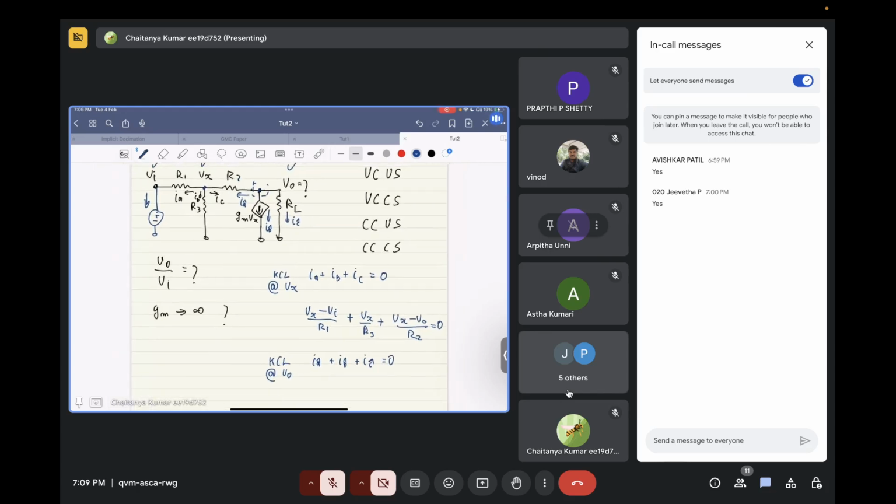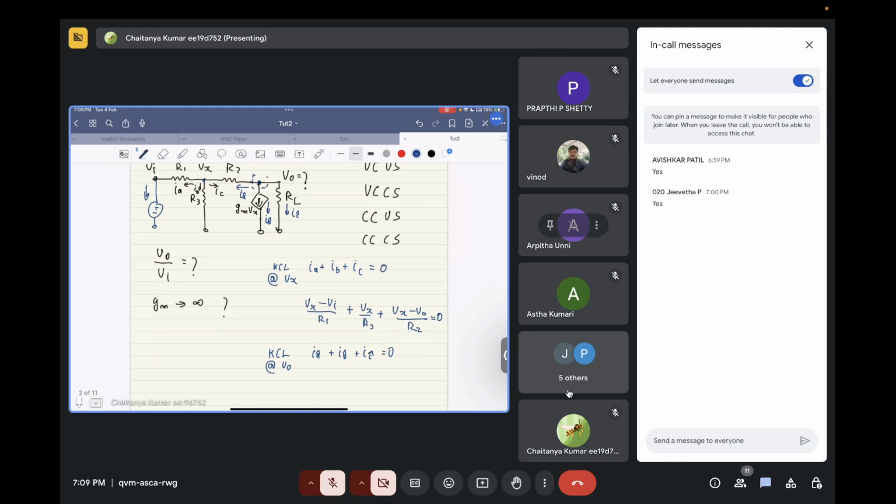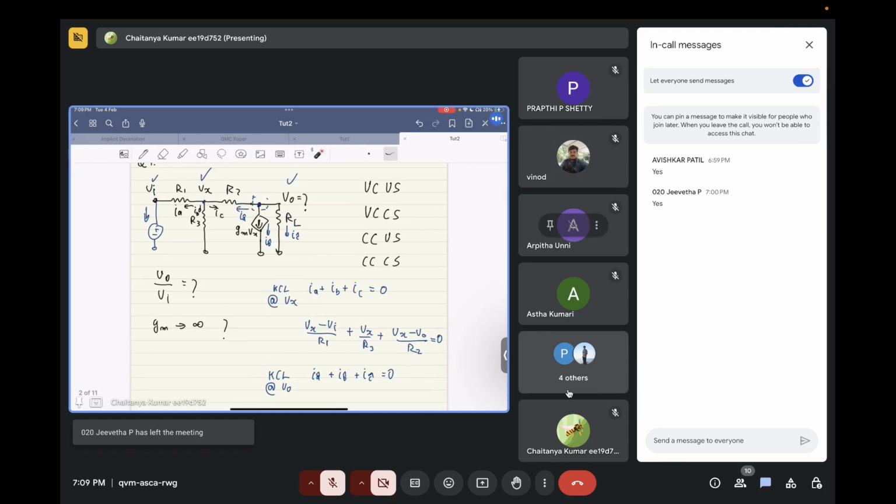Now, what is IA hat? Sir, why are we choosing the IA direction in the opposite way? You can do that, but just for a systematic approach, so that the chances of error reduce.